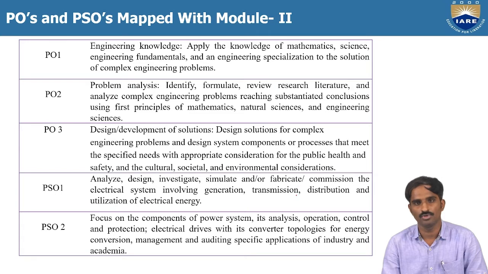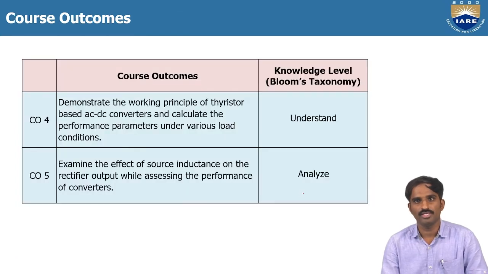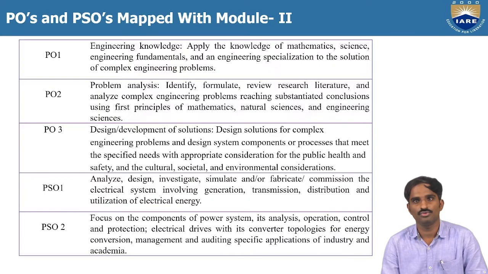In CO4, we will be able to calculate the performance parameters under various load conditions. To calculate the performance parameters, we should have knowledge of mathematics and engineering fundamentals. That's why CO4 is mapped with PO1.